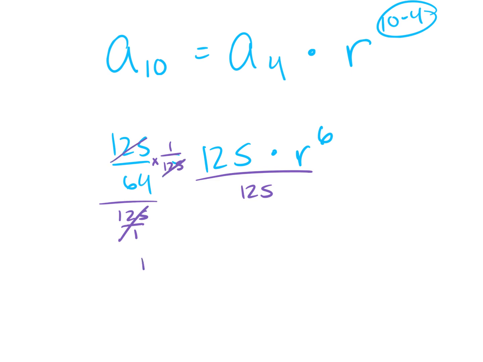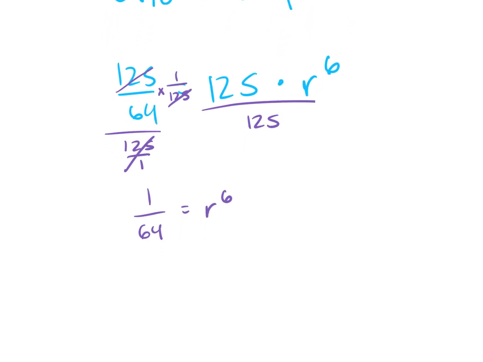The 125s cancel, so I'm left with 1 over 64. That would be equal to r to the 6th power. What would I do next? I take the 6th root of both sides, because that'll cancel out with the 6th power.